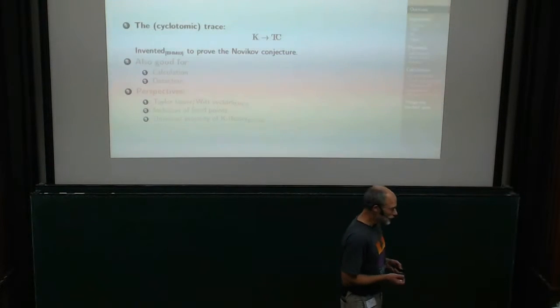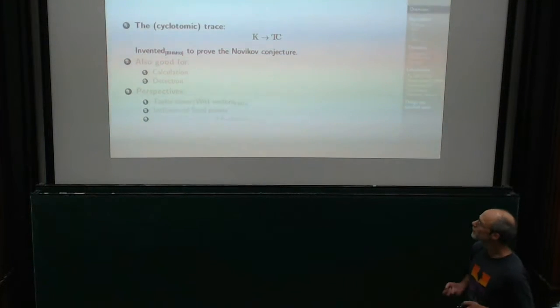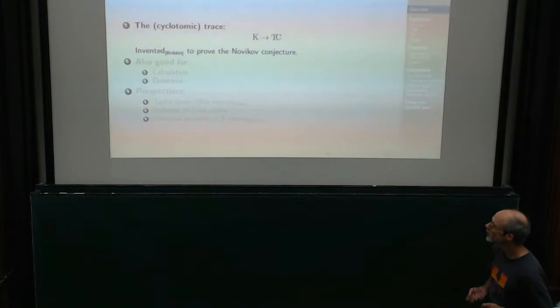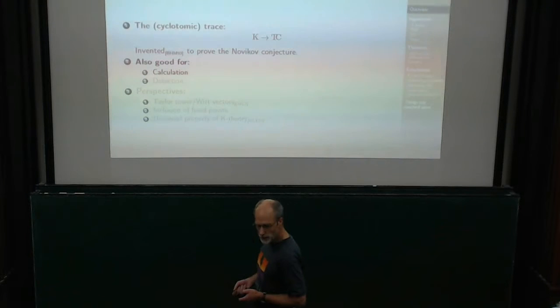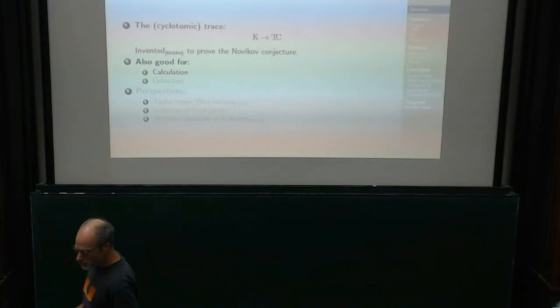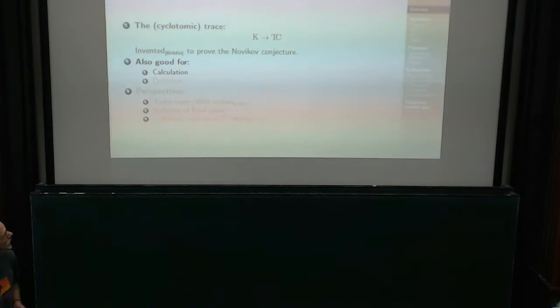Well, but the trace methods are not only good for proving the Novikov conjecture, luckily, they're also good for calculations. There's an entire slew of calculations that are due to trace methods. You could say that there are 2 methods for calculating K-theory. Either you're having motivic homology or you're having trace methods. And sometimes you do both.